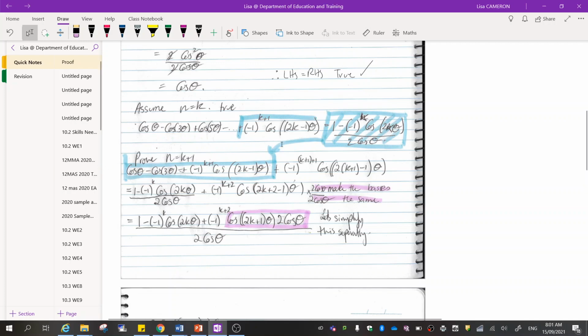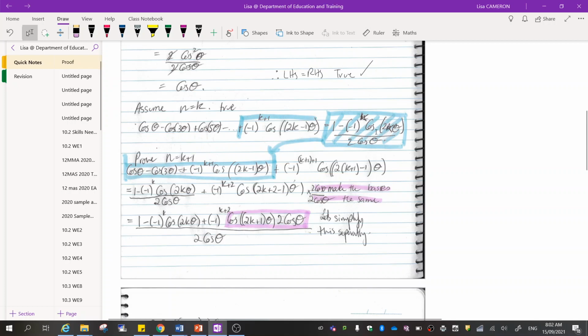So I'm going to replace everything prior, because really what it means, n is equal to k plus 1, is like saying the next term in the sequence, that's the one we're proving, which means that the previous term in the sequence is just k. So that's why I've got here replacing all of this previous stuff with this one term here.